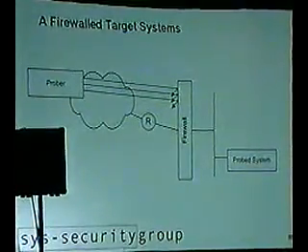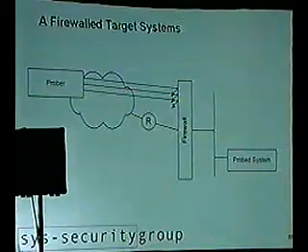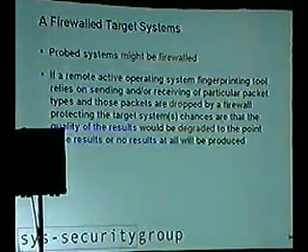A lot of systems are being firewalled, and we expect them to be firewalled. So when you use several tests that use some weird combinations, for example, if you use a SynFin scan against a checkpoint firewall or other firewalls that are able to do stateful inspection, your packet is not going to go through the firewall.